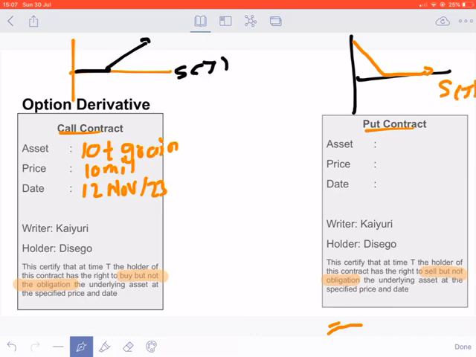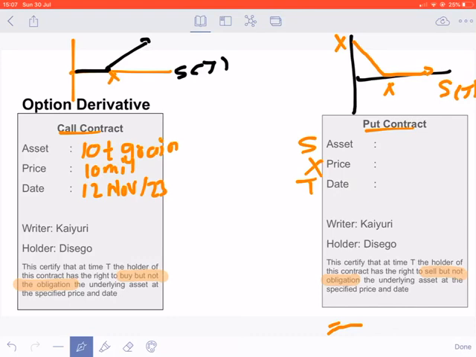Because you can only sell this asset if it's worthless, or all the way to a point where the asset is exactly the strike price. We say that the price is going to be X, the date is going to be capital T, and that is maturity, and the asset is S, right?